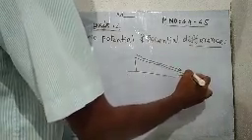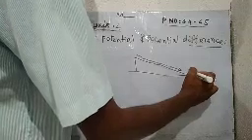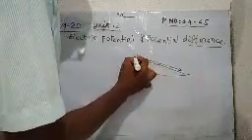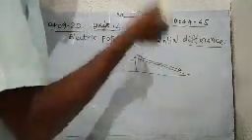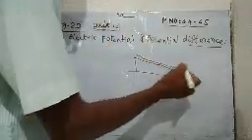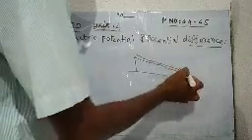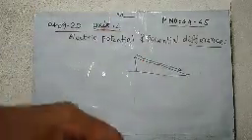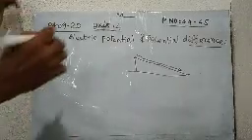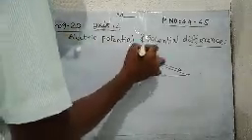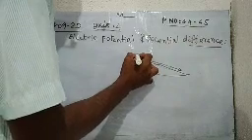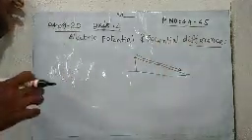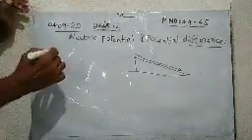Therefore here the gravitational potential is lesser, but this point is at higher gravitational potential. Therefore between these 2 points there is a gravitational potential difference. Because of this gravitational potential difference, water flows from higher level to lower level.